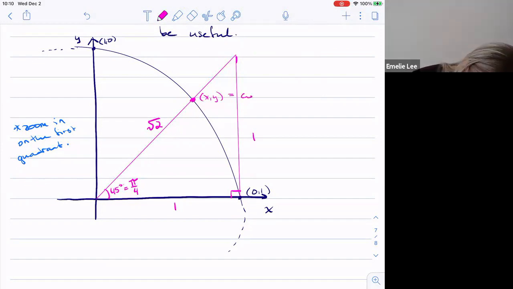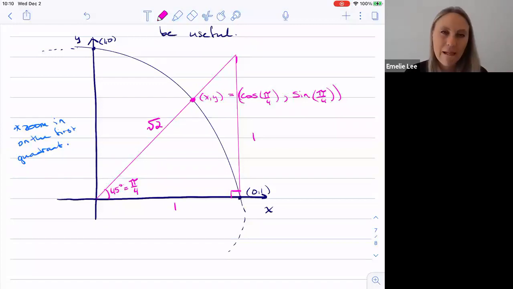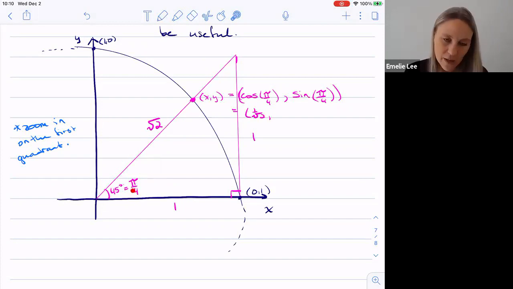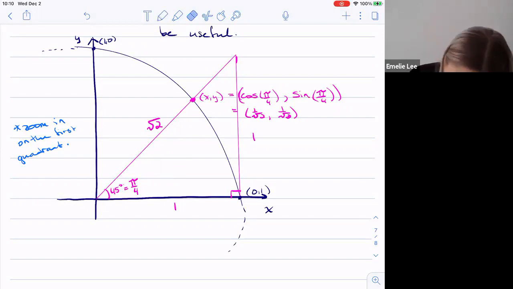The point (x, y) is the cosine of pi over 4 and the sine of pi over 4. The cosine of pi over 4 is the adjacent over hypotenuse, 1 over root 2. And then the sine of pi over 4, opposite over hypotenuse, is 1 over root 2 again. Clean this up, should look like 1 over root 2.